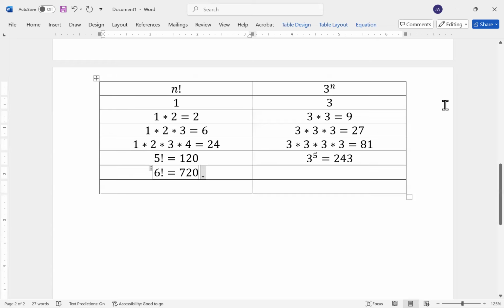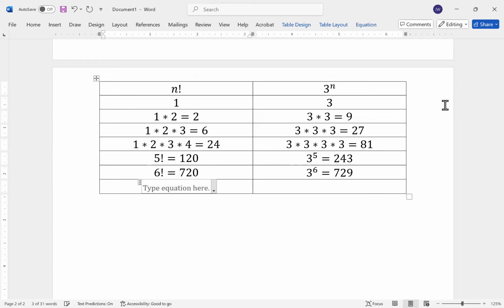We've actually seen that before. 3 to the 6th power is 243 times another 3. So that's 729.